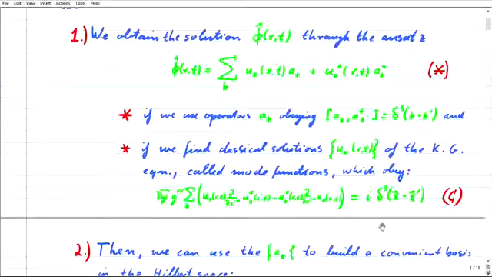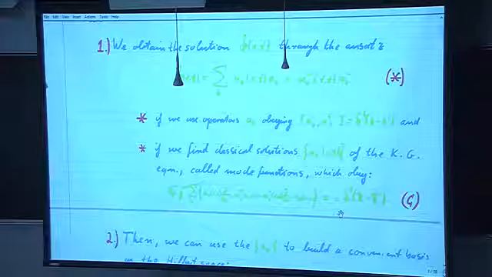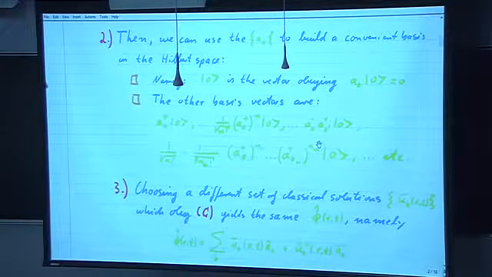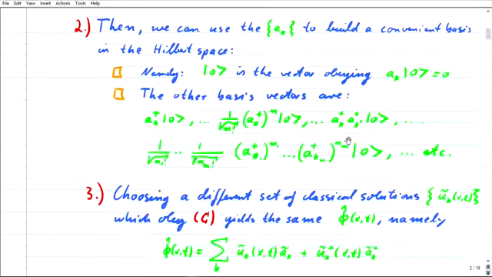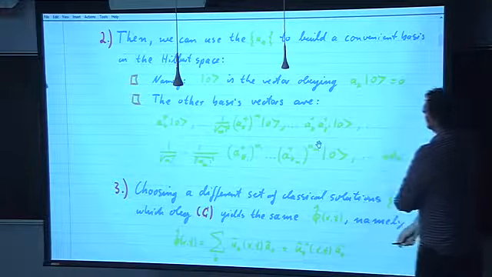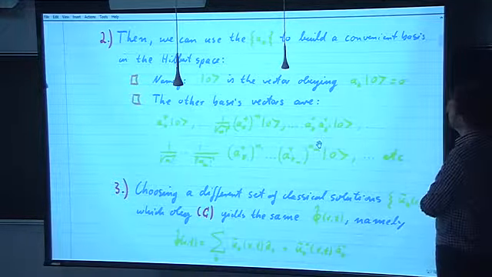Okay, so the strategy will be to find such mode functions, and then we can build the Hilbert space representation of our field phi hat of x and t. Namely, we use the A and the A dagger operators to build a Fock basis.